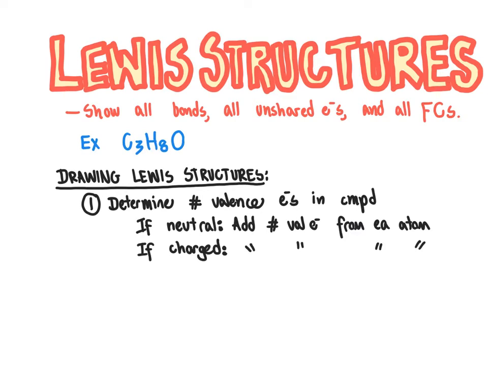So you will add 1 electron for every net negative charge. And if instead it's a net positive charge, what you're going to do is subtract 1 electron, because the net positive charge indicates that we are deficient in an electron.